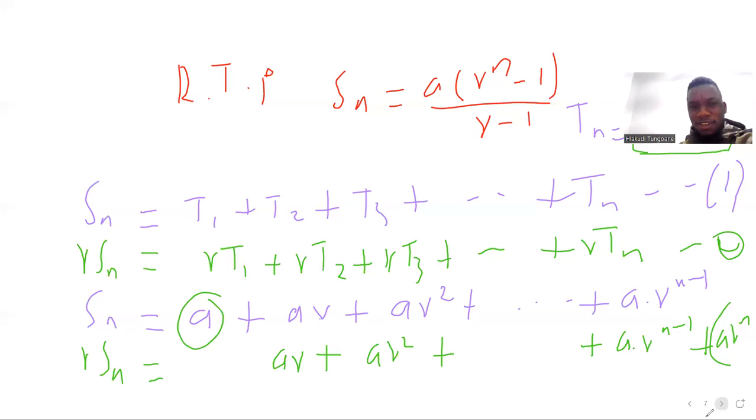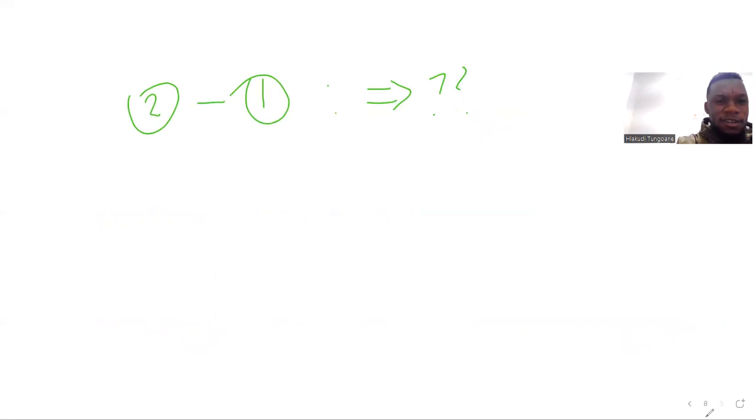Okay, so let's see. Essentially we're going to have R Sn minus Sn equals to, remember we have A in the first formula, so that's going to be minus A actually.